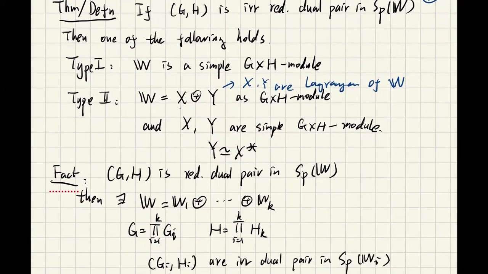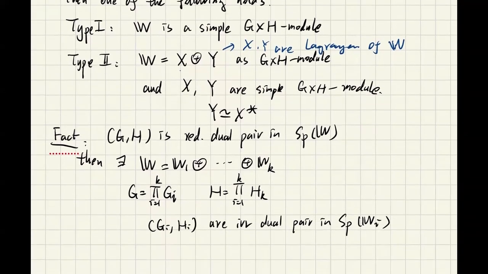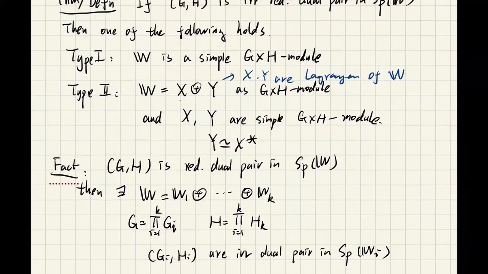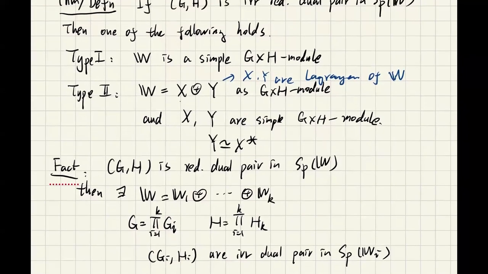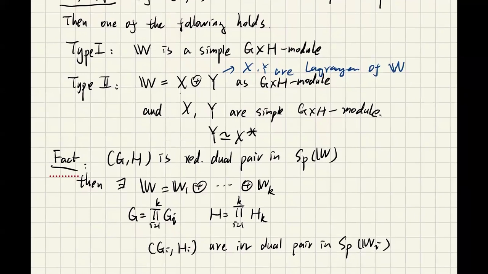Then the rest of the part, let me see. So what is the general dual pair? A general dual pair is basically a direct sum of irreducible dual pairs.